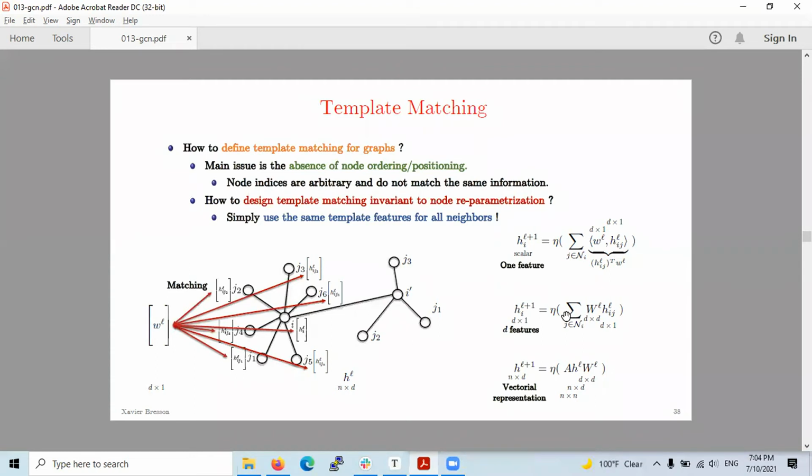He said that Professor Xavier's thesis advisor was quite popular in the signal processing domain, and Professor Xavier's background is also in signal processing, so it was quite natural for him to start applying these techniques to graphs from the perspective of a spectral domain, and then come back to template matching.